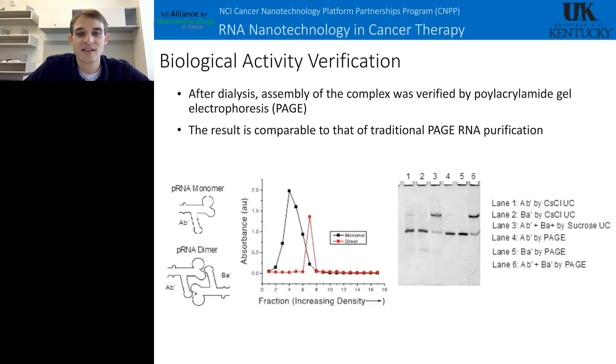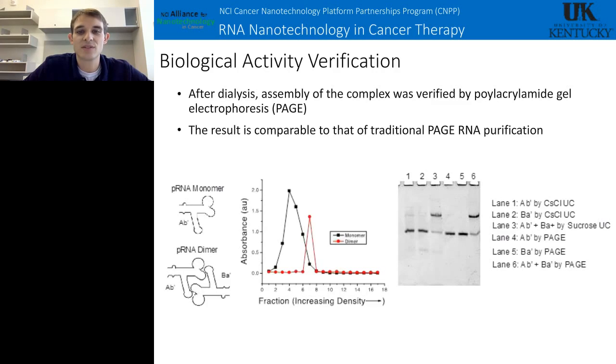And then on the right is a polyacrylamide gel showing the comparison of lanes 1 through 3, which are lanes 1 and 2, the two monomers, AB prime and BA prime, we call them. They're purified by cesium chloride ultracentrifugation. Lane 3 is the dimer that is assembled and purified by sucrose ultracentrifugation.